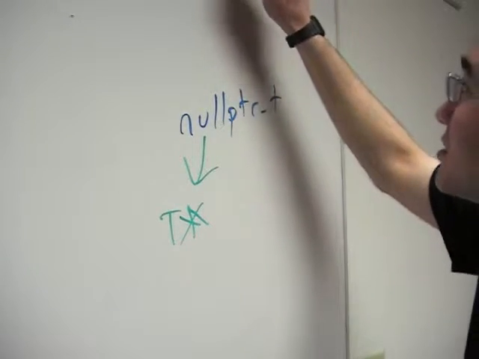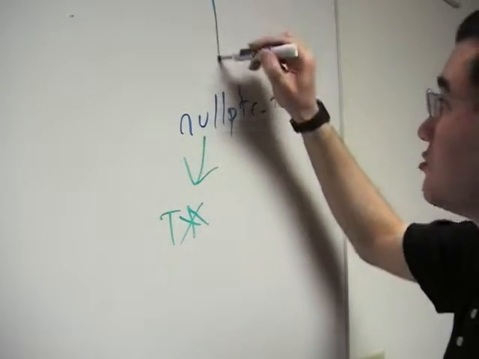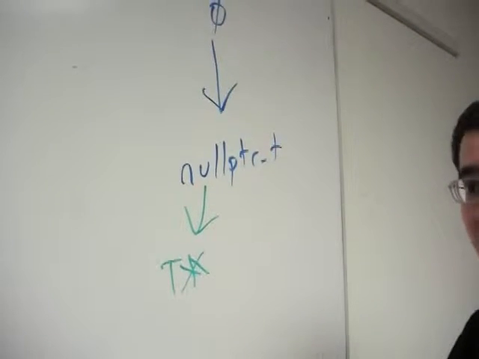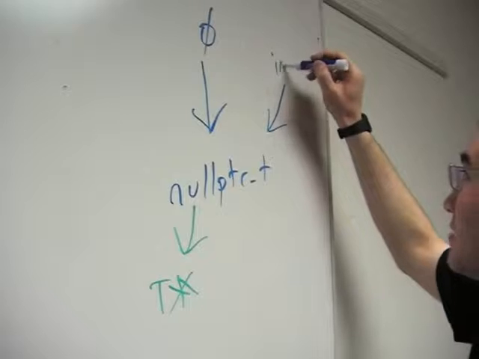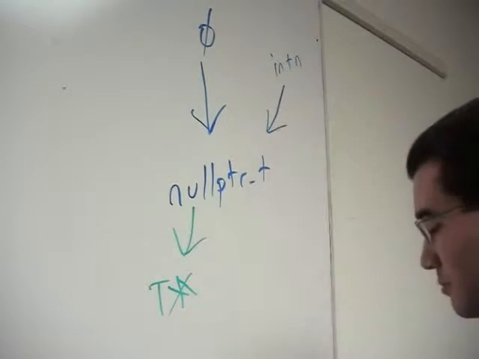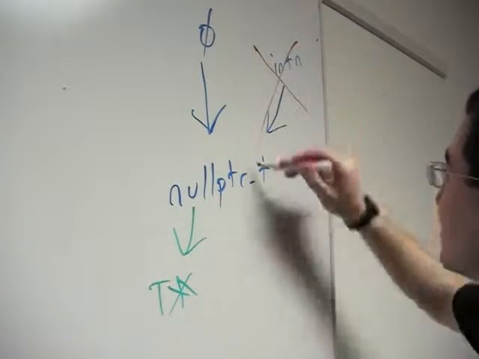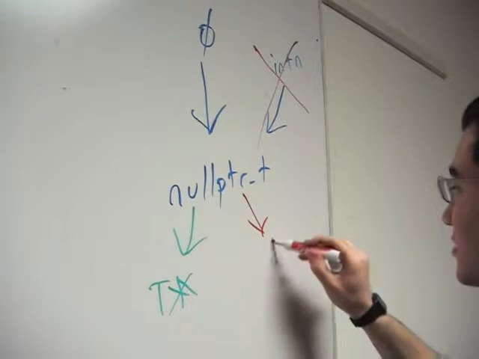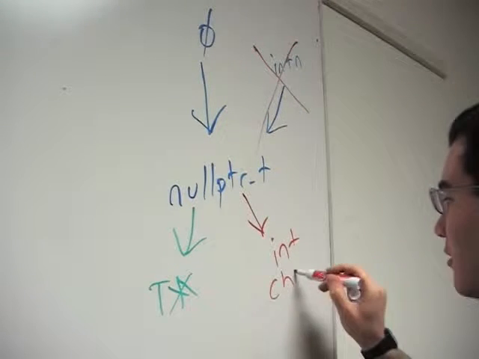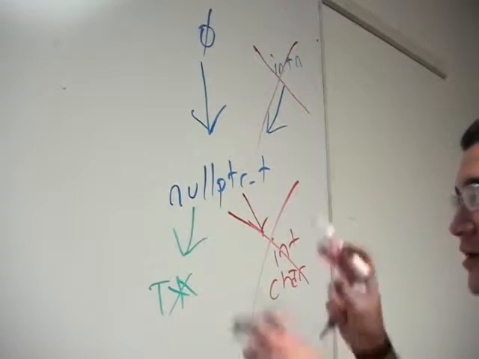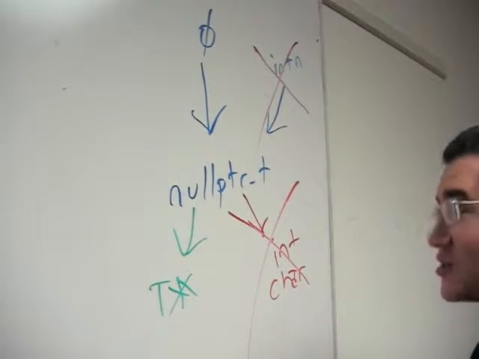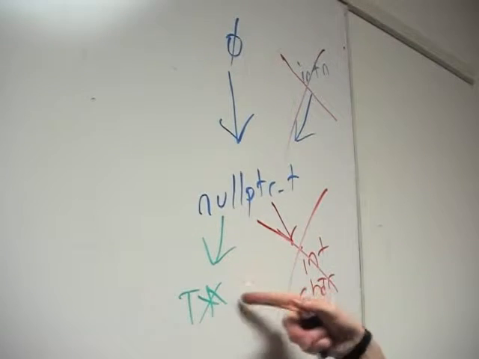And you can also convert the literal 0 to nullptr_t, but no other conversion. So you can't convert arbitrary integers, like int n. No, cannot convert. And nullptr cannot be converted to int or char or any of the other things that 0 can be converted to. It really locks down the conversions, so you can only convert it to raw pointers.